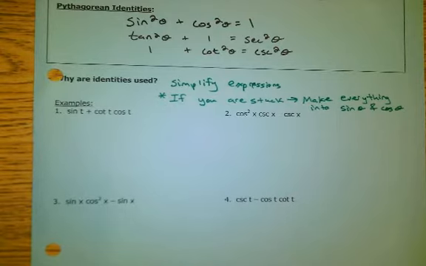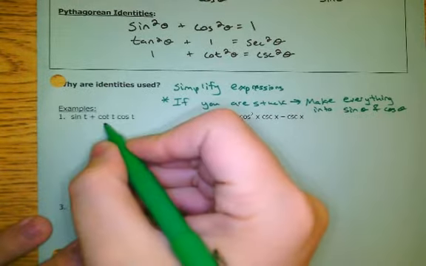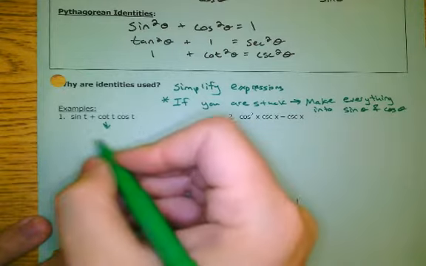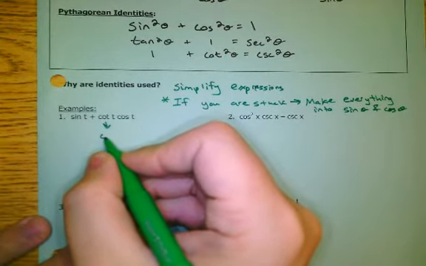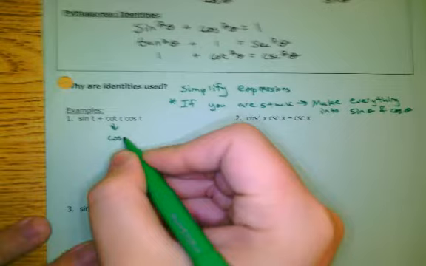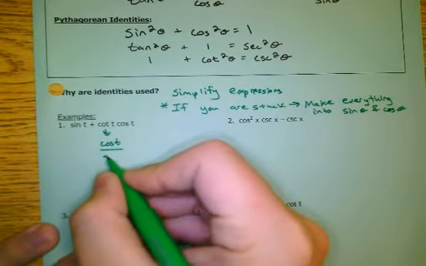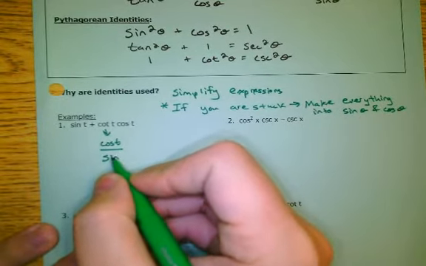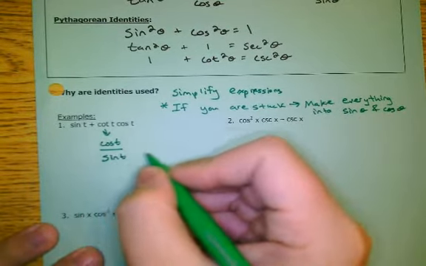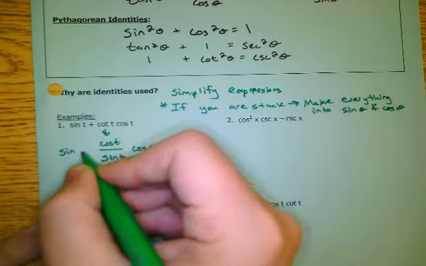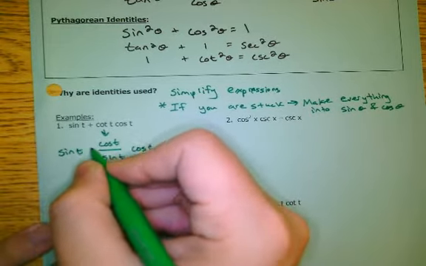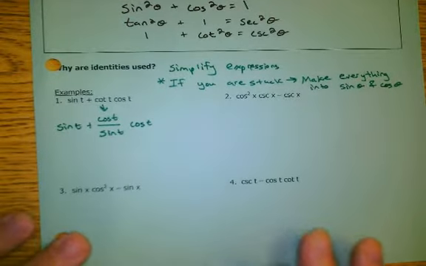So it changes cotangent into, what did we say? Cosine over sine. It's going to give us a cosine over here, and we still have this sine t right here.